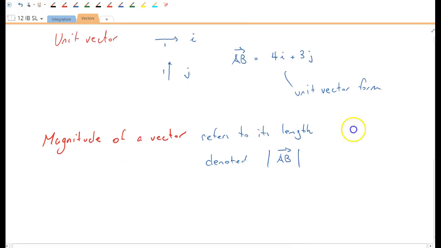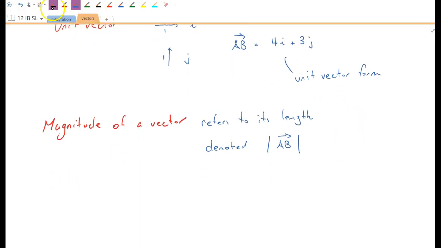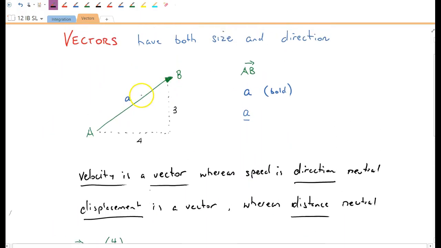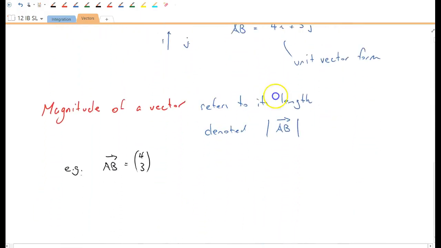So, for example, we've got AB is equal to (3, 4). Oh, it was (4, 3), wasn't it? Beg your pardon. It's (4, 3). That's our vector.